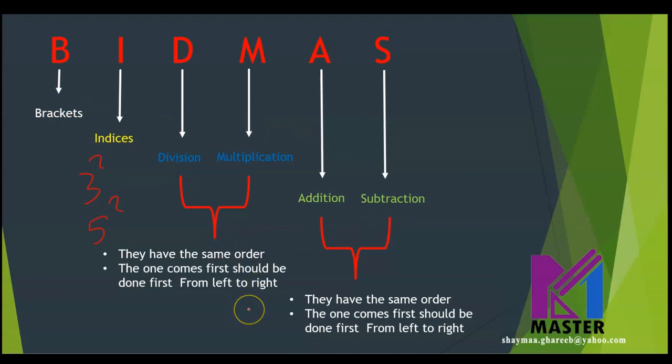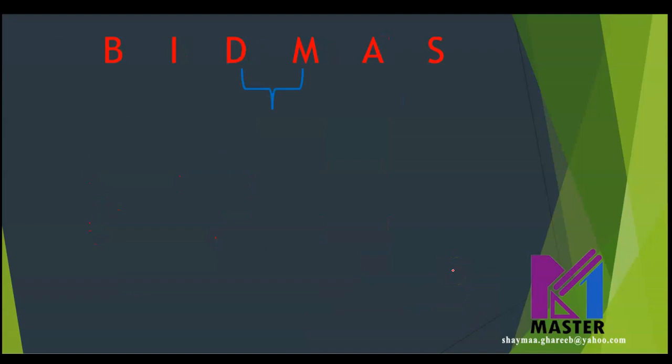So bracket comes first, then indices, then division or multiplication according to which one comes first from left to right, then addition or subtraction according to which one comes first. Is this clear? So now let's see an example.